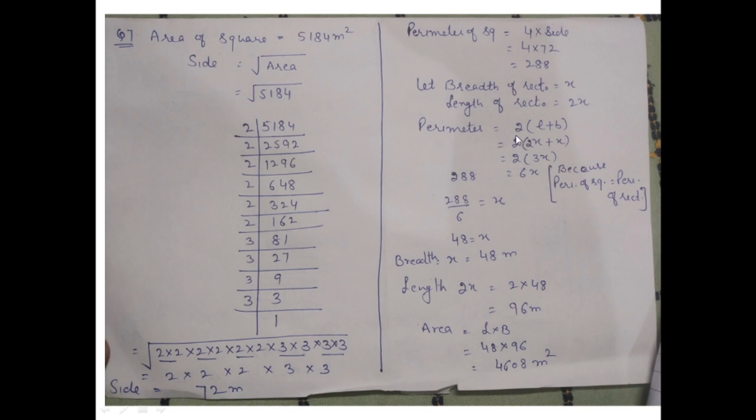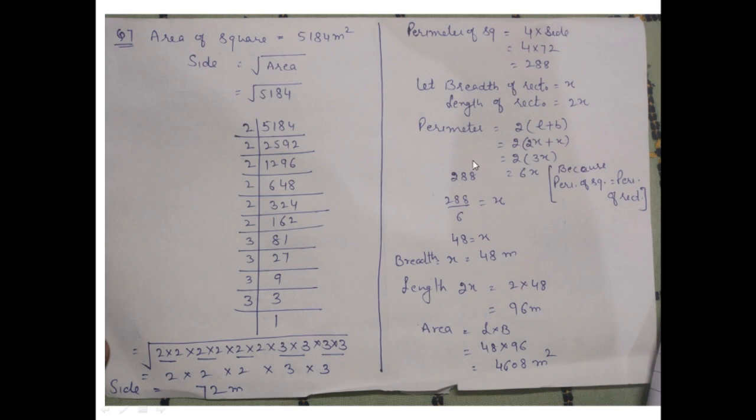What is the formula? The formula is 2 into length plus breadth. Put the values of length and breadth here. The value of length is 2x, which we have assumed, and the value of breadth is x. Add these two numbers, it will become 3x. Now multiply these two, 3 twos are 6, 6x.